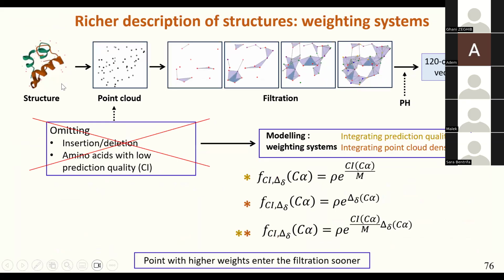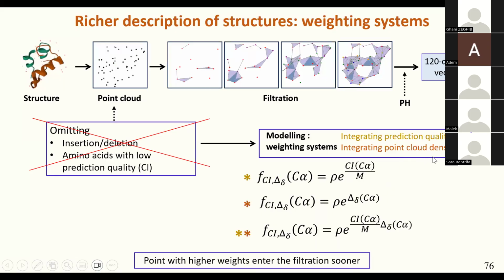And the second thing I wanted to consider was the density of the point cloud, because it also plays some sort of biological role. This is why I developed a weighting system that integrates both factors, the prediction quality and the point cloud density.